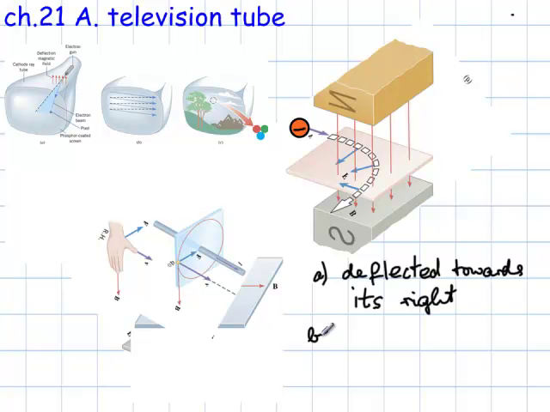Well, what they give us in the problem is a kinetic energy of 2.40 times 10 to the negative 15 joules.